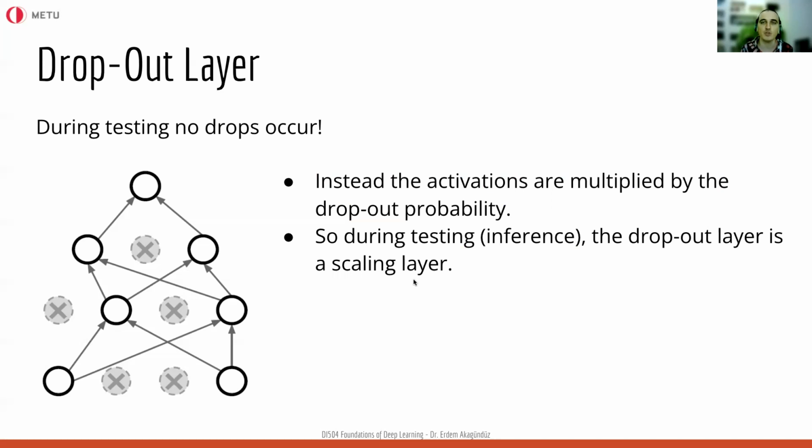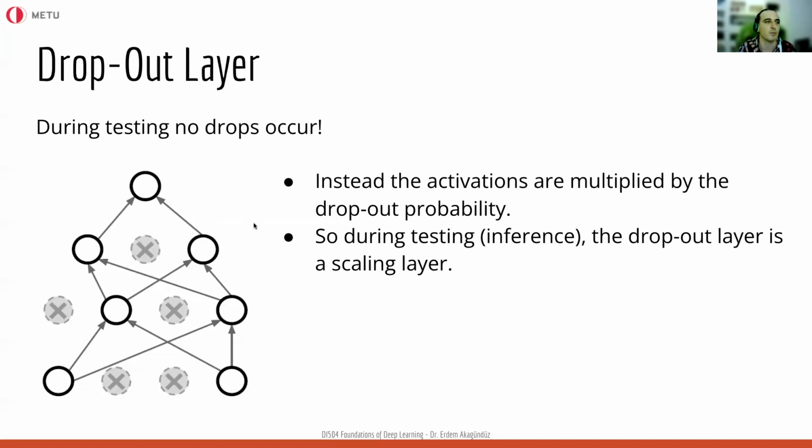So if you've dropped half of the nodes in training, in testing, you multiply every activation by 0.5 so that the entire energy of the information flow is halved. Because the feature values are important, but the total information flow is also important. So in testing, we don't do any drops, but we multiply every activation with the probability of the dropout.